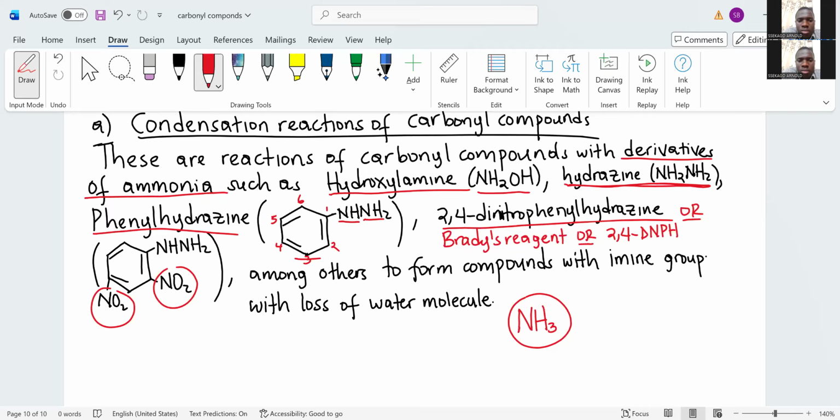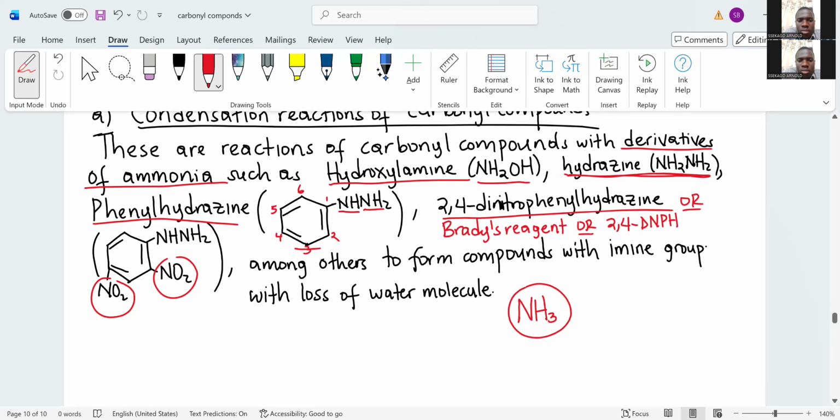I repeat, the course outline shows that we must explore only two condensation reactions: how carbonyl compounds react with hydroxylamine and with Brady's reagent. Those two are enough to make you understand how all the other derivatives of ammonia react with carbonyl compounds.